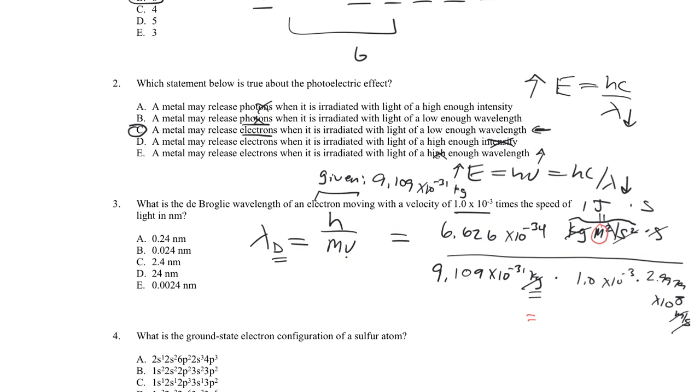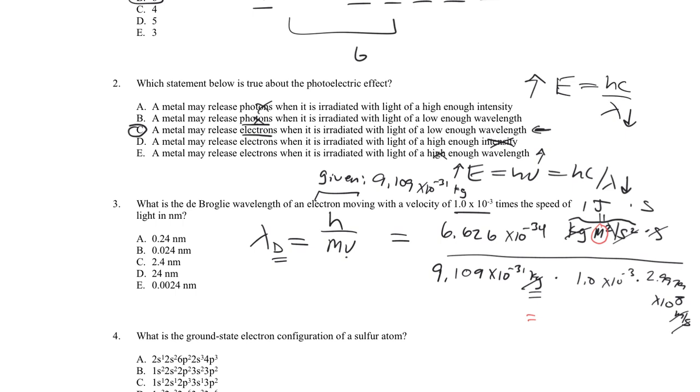So 6.626 times 10 to the minus 34, divide by 9.109 e to the minus 31, and then divide that also by 1.0 times 10 to the minus 3 times 2.9979 e to the 8.